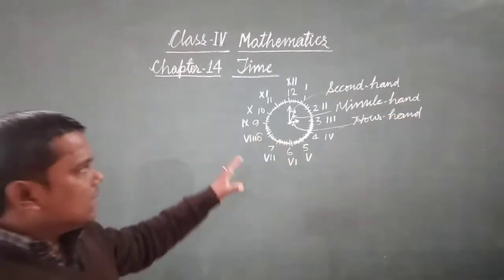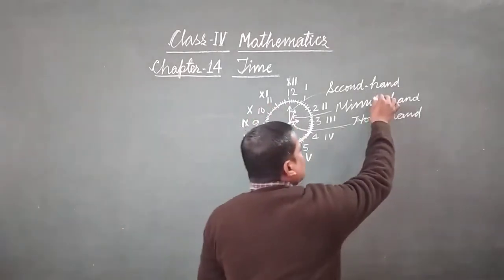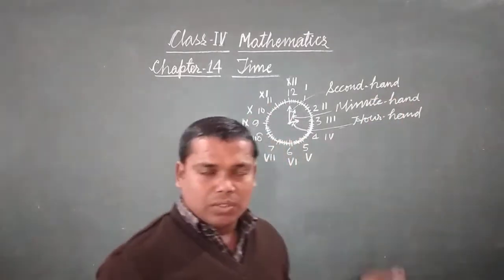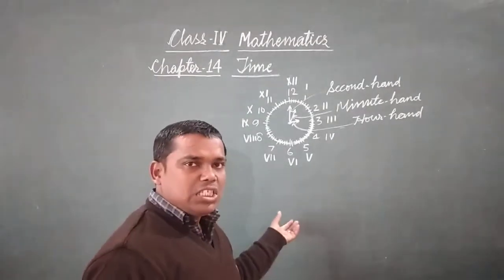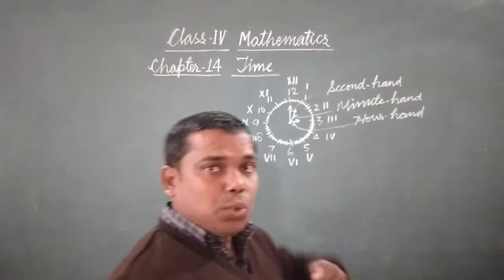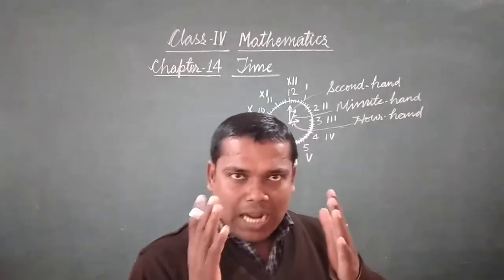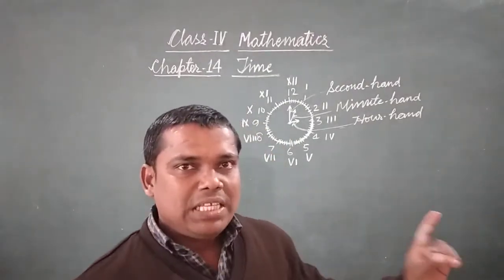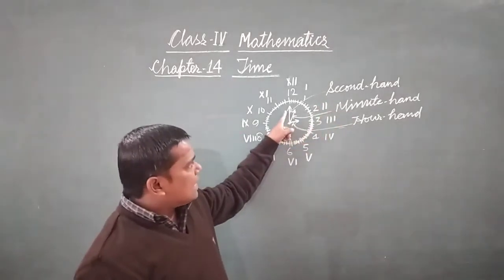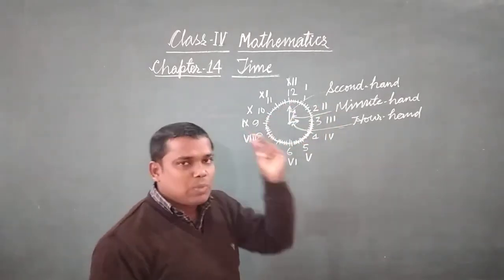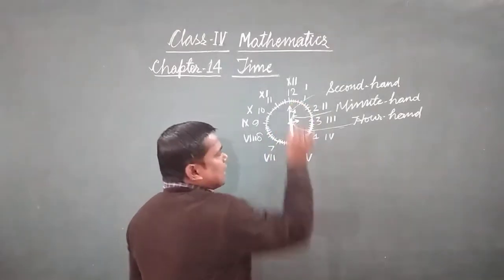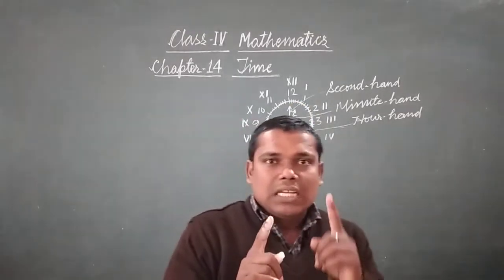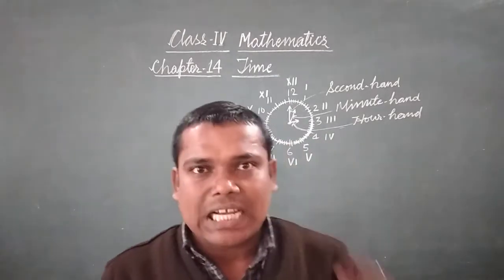Now these 3 are the hands of the clock. How will we see the time? For this we should know the rotation of the hands of the clock. Means the second hand, from one small division to the next, is 1 second.